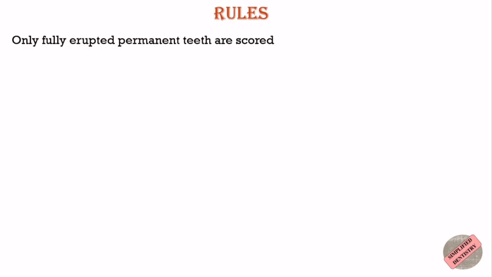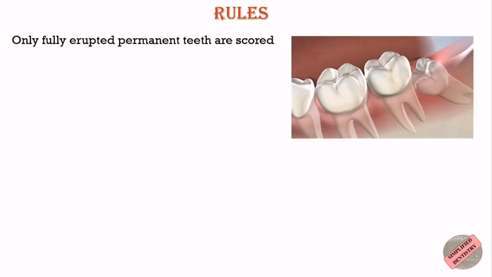Now let's have a look at the rules which must be kept in mind while measuring the oral hygiene index. First, only fully erupted permanent teeth are scored. If there are partially erupted teeth, we have to ignore them. Second, third molars are not included.